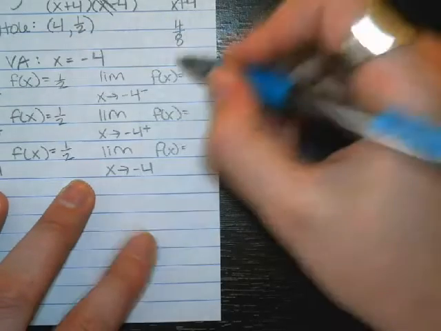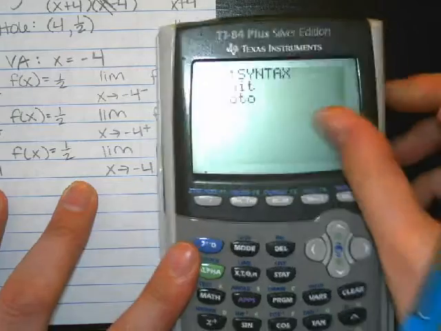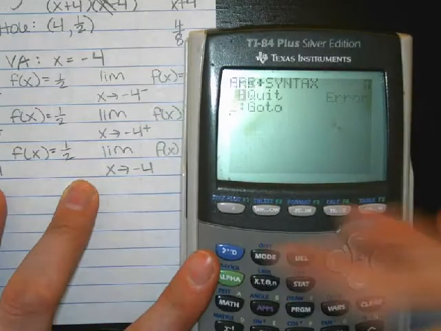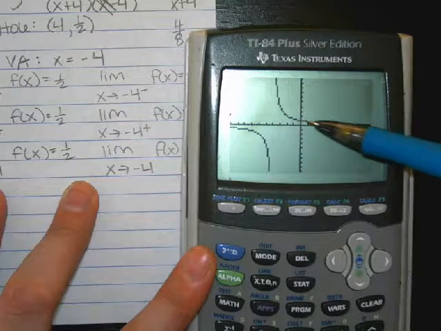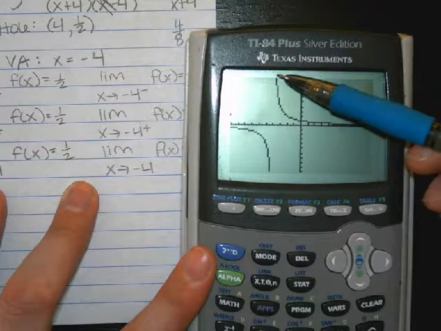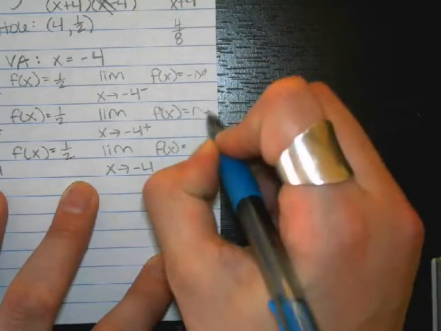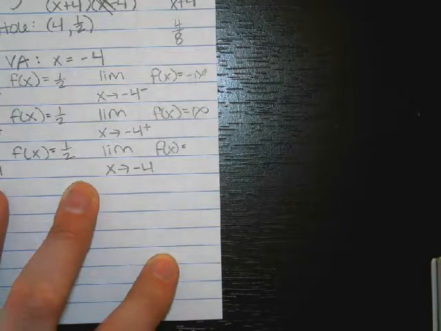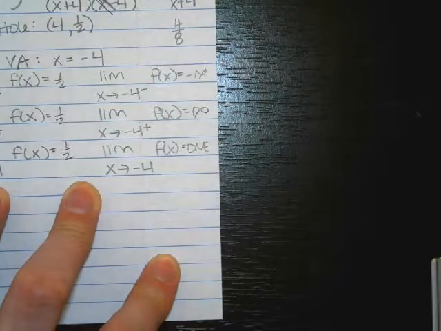So as I approach the vertical asymptote from the left, I'm going to negative infinity. As I look at -4 from the right side, my pencil's going up forever. Positive infinity. And did those two things agree with each other? No, so it doesn't exist.